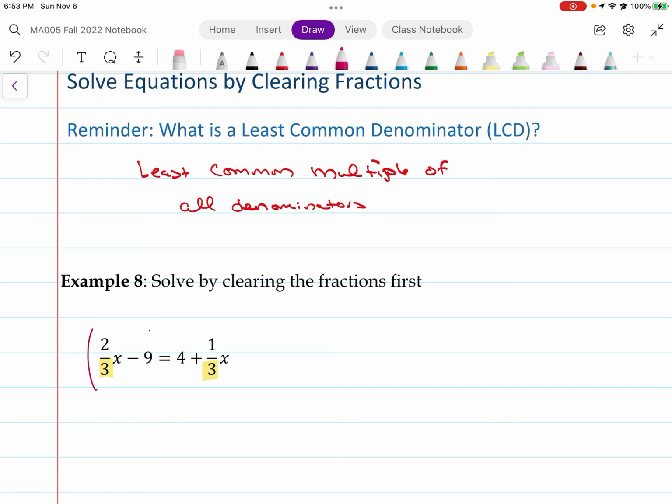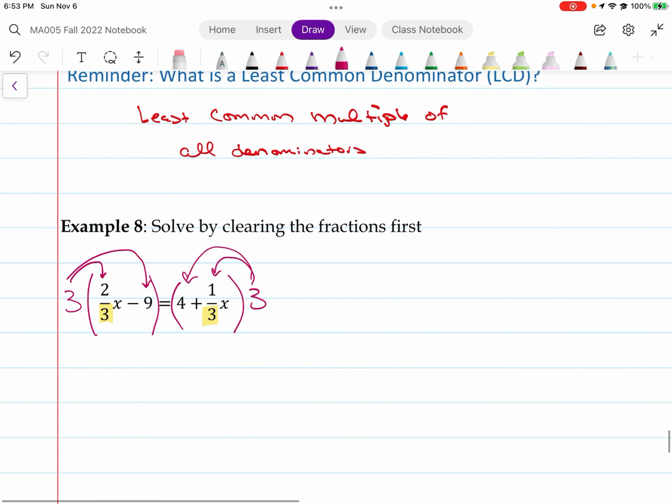So I'm going to distribute a 3 across everything, every single term. So I'm going to multiply it times this one and times this one. I'm going to multiply it times this one and times this one. Okay, so I need a lot of room here. So I'm going to come over here to the right. I'm going to take 3 times 2/3 x minus 3 times, because there was a minus there, times 9.